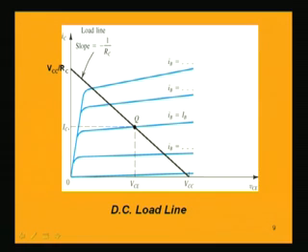Here one thing to note is that the quiescent point Q is positioned almost at the middle of the load line, and that is a required condition for class A operation.